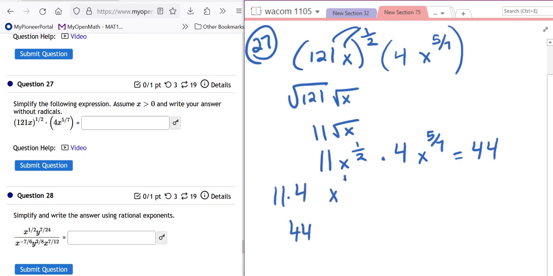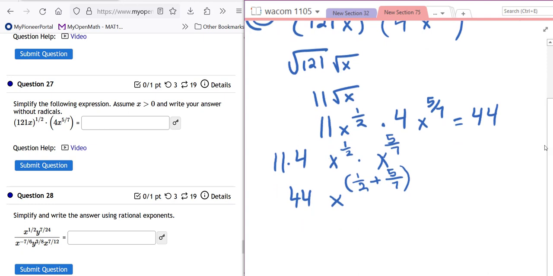We have x to the 1/2 times x to the 5/7. And the way that you multiply variables is keep the base and add. So we're going to do x to the 1/2 plus 5/7. And we're going to have to do some fraction math there.